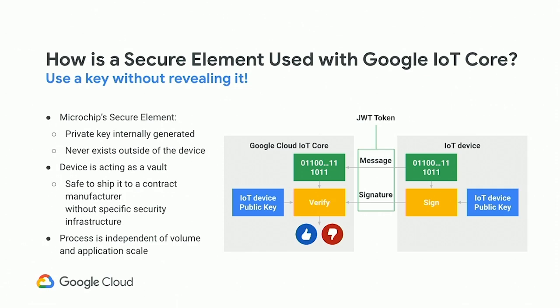So you can just buy these secure elements and ship them to your manufacturer on reels like this. They just take those reels, populate them on the hardware, and ship it, and you do not have to worry about whether this private key has been secured or somebody else has access to it. So that's a very cool thing.